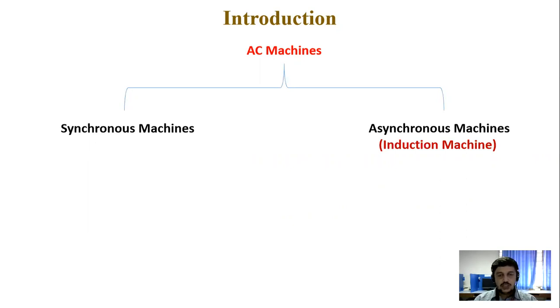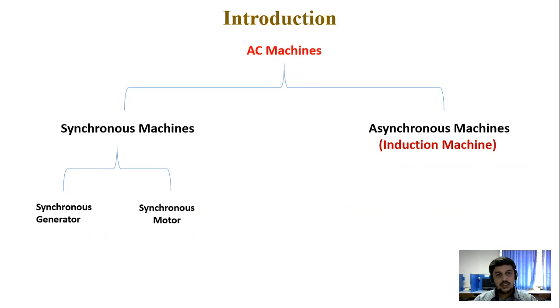Synchronous machines are again classified into two types depending upon the mode of operation. That is synchronous generators, which are generally termed as alternators, and the synchronous motor. These two types depend upon the mode of operation. As all of you are familiar, the operating mode of any machine depends upon the energy input and energy output.